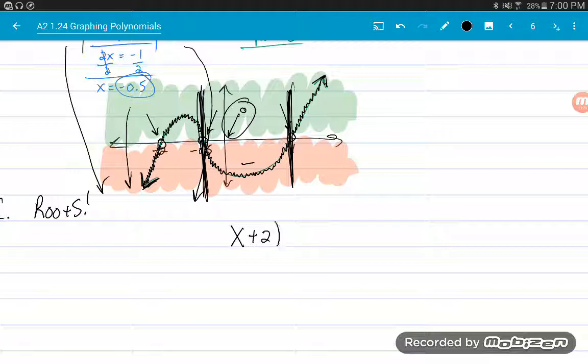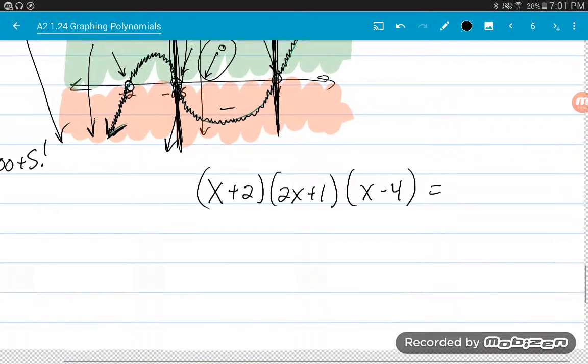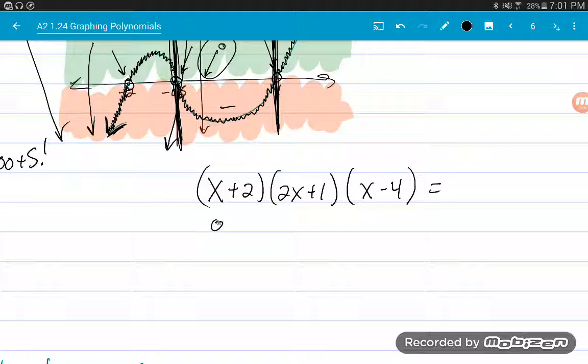The function is (x + 2)(2x + 1)(x - 4). Now if I didn't know if it was up or down, let me just plug in the 0. 0 plus 2, 2 times 0 plus 1, and 0 minus 4. Here's what I get.